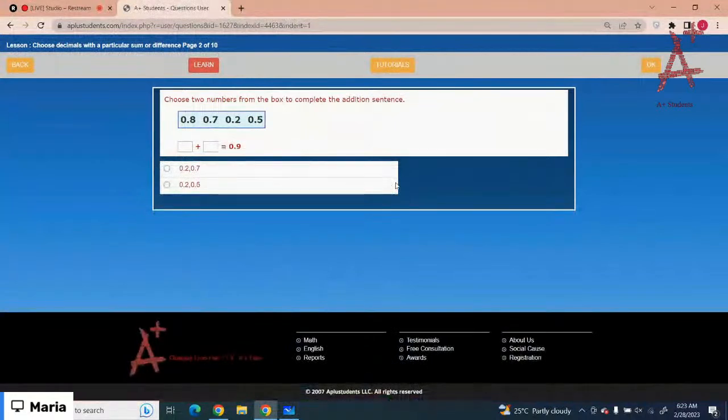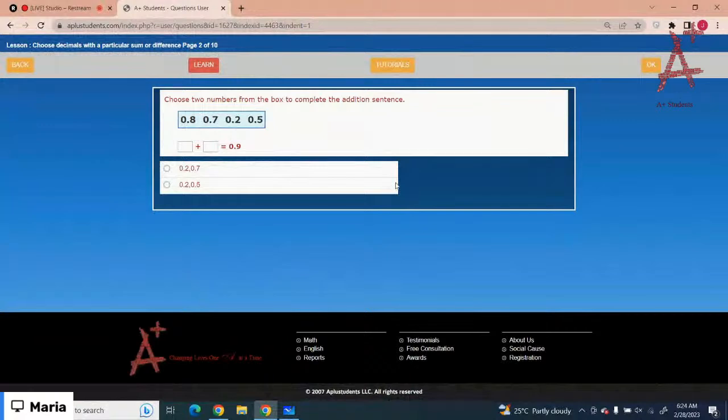Okay. The next one is choose two numbers from the box to complete the addition sentence. Dash and dash equals 0.9. You have to select any two numbers from the given numbers that sum to 0.9. So which two numbers when added make 0.9? You can check the options.